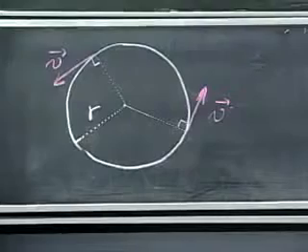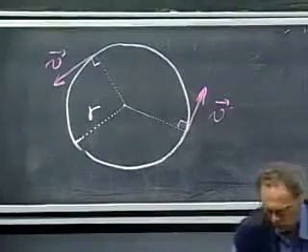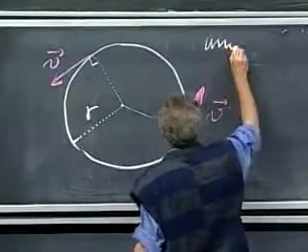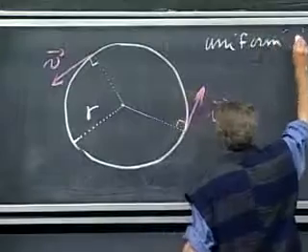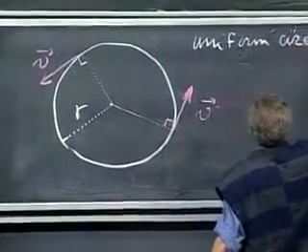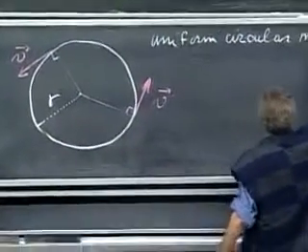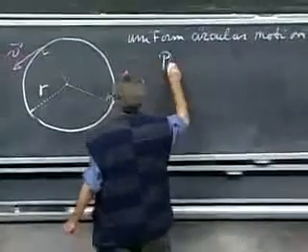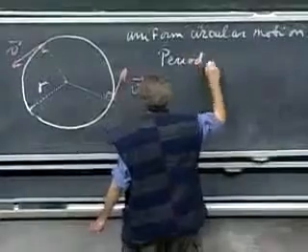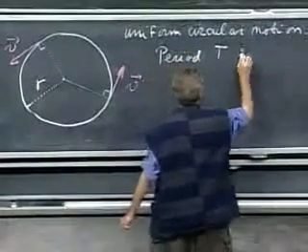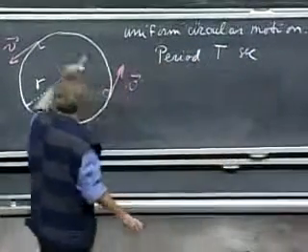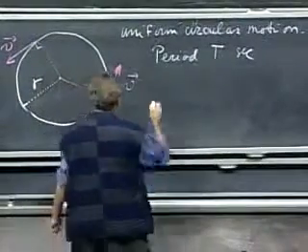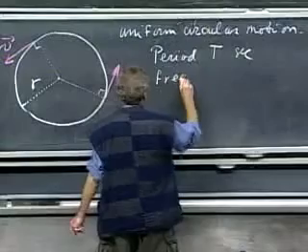In a situation like this, that we have uniform circular motion, we first identify what we call the period, T, in seconds. That's the time to go around. Then we identify what we call the frequency.